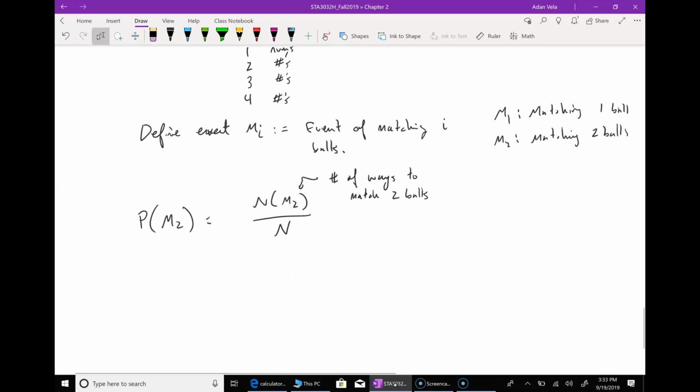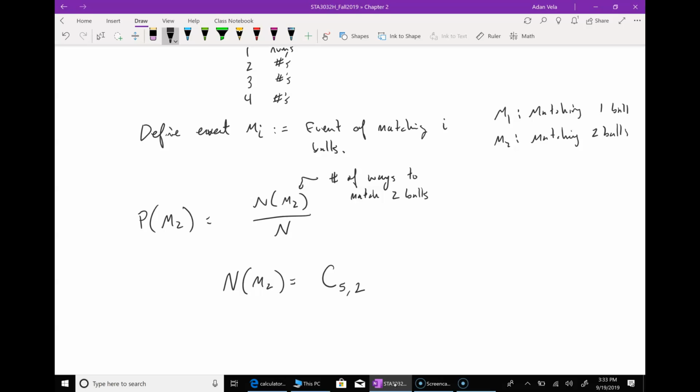So the reason why I don't think this is as straightforward as you might think, or as I thought, is my first intuition when I learned probability was to say, well, the number of ways to match 2 balls is given by 5 choose 2. Oh, did I write that backwards?